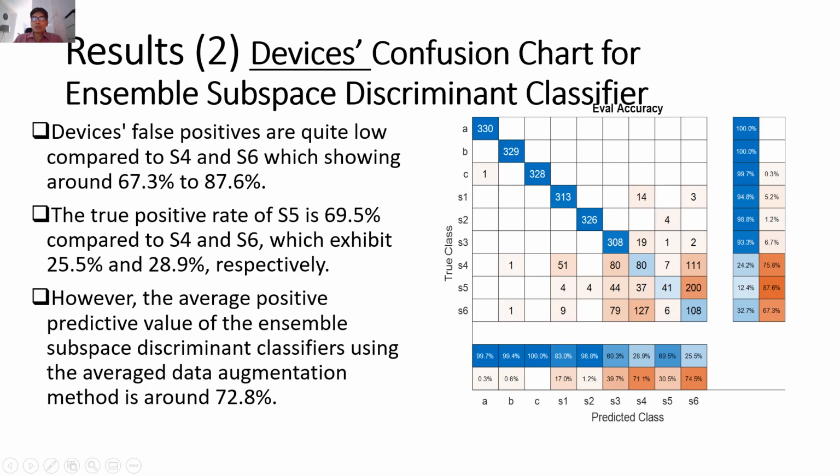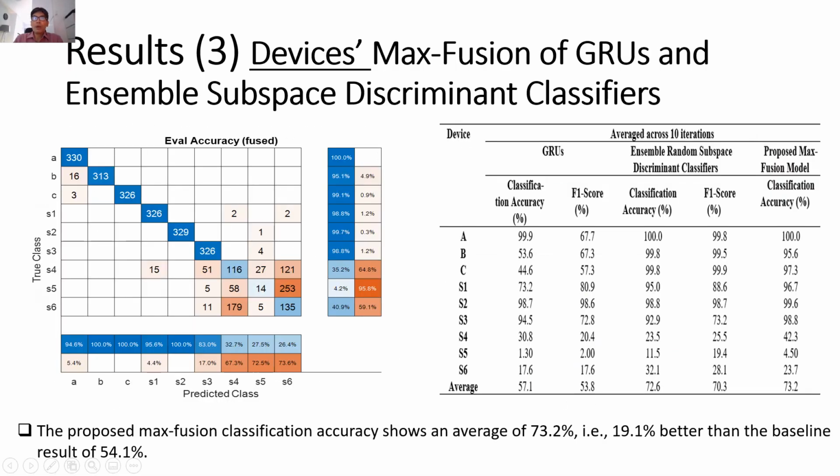You can see that S4 and S6 show around 67.3 to 87.6%, and the true positive rate of S5 is 69.5%, which compared to S4 and S6 is quite low. On average, if you just average this out, you will find that the method using the ensemble subspace discriminant classifier is around 72.8%.